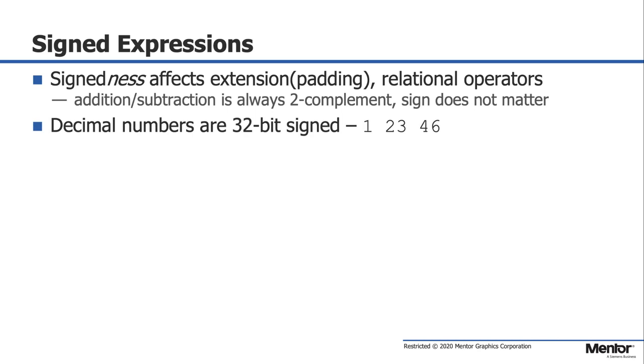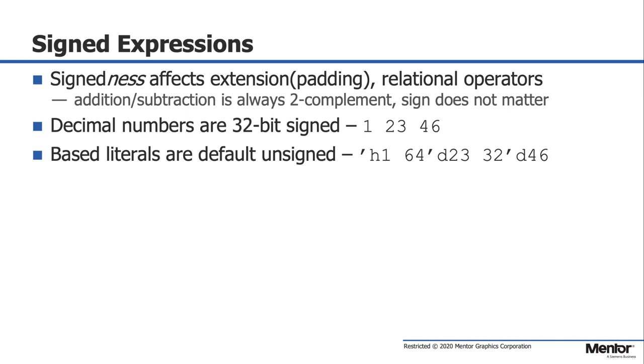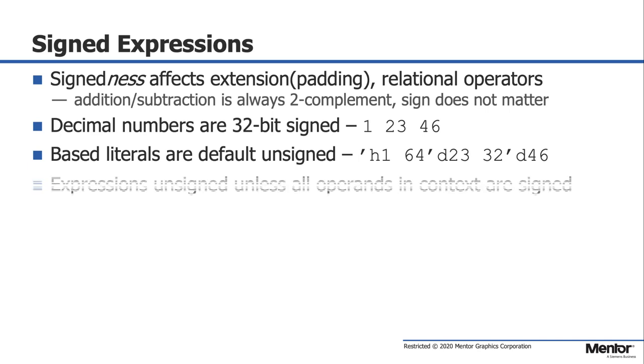When you write a decimal number like 1, 23, 46, those are all considered 32-bit signed values. But when you write it as a based literal, like 'h1, that's considered unsigned. Or 64'd23, that's a 64-bit decimal 23.